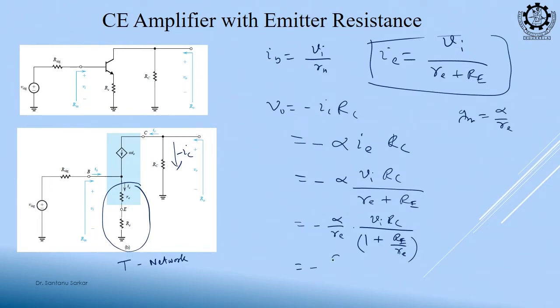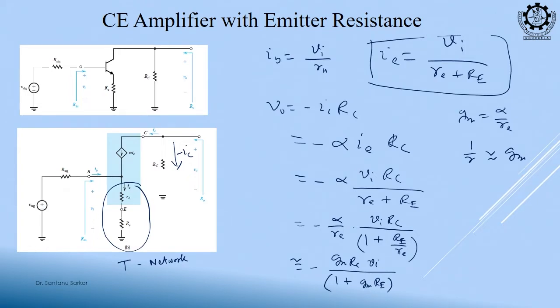So, this is minus Gm RC VI, and 1 by re, if you neglect alpha, you can tell that it is roughly Gm, because alpha is close to 1. So, this is not exact, this is approximate.